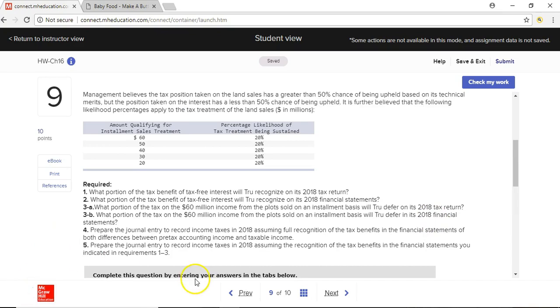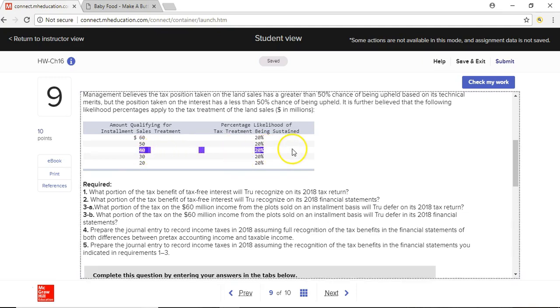On the financial statements, we need to consider the percentage likelihood. US GAAP says the benefit we take is the amount that has a cumulative likelihood higher than 50%. Cumulative likelihood. So we start from the first option, 20% plus 20%, and then 20%. So totally 60%.